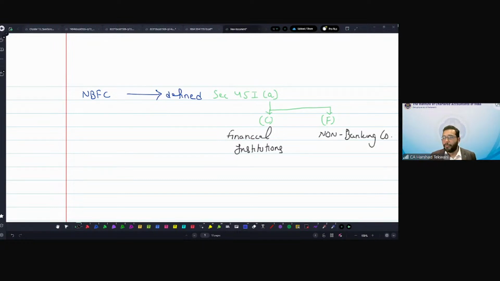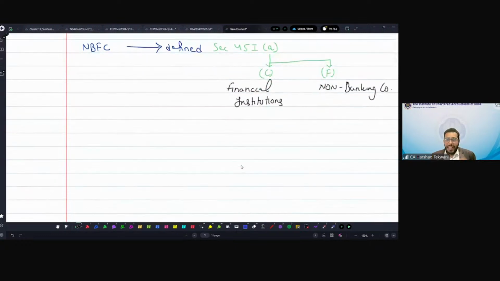These are the two types of businesses defined under section 45IA, because IA refers to C and F. And if any company is doing business defined in C and F, then they will be called an NBFC. Yes or no?